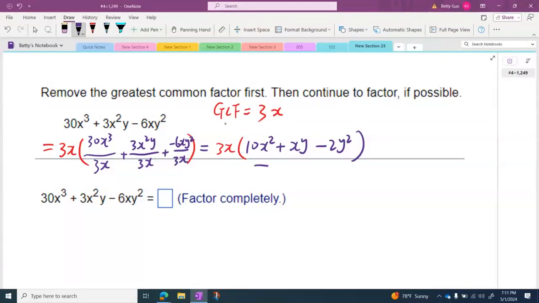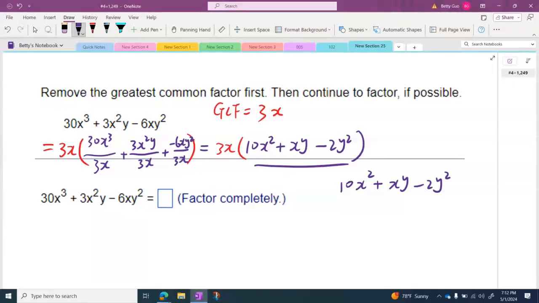We would have to factor this trinomial by using the shortcut, by using slide divide slide, I'm sorry. So let's make it easier. What makes the trinomial difficult to factor is that it has two variables, right? So I would get rid of y for now.